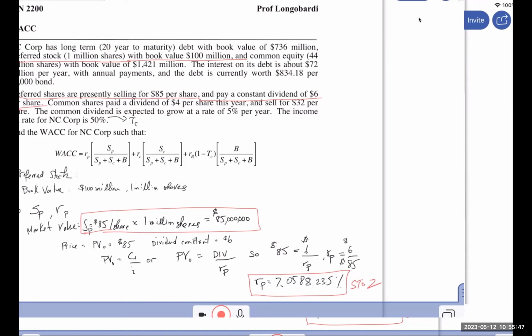For 44 million. And what do you get? Did I do it right? 44 million? Yeah, 136 million. Is that common stock? Oh, that's the dividend. I got it wrong. You're right. I wrote the value is $32. Thank you. I read it wrong. 32.